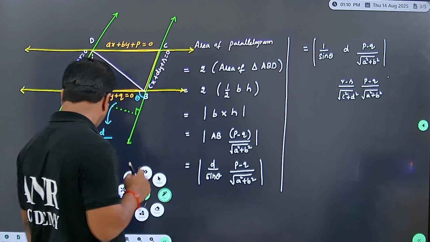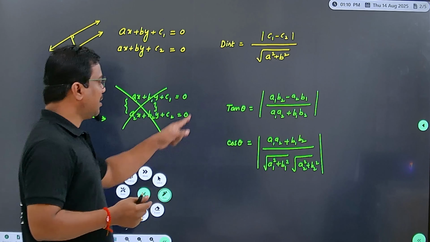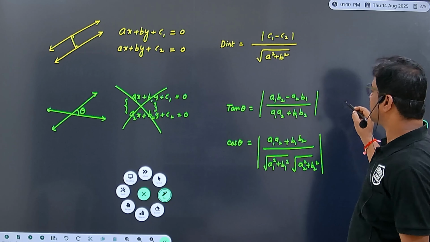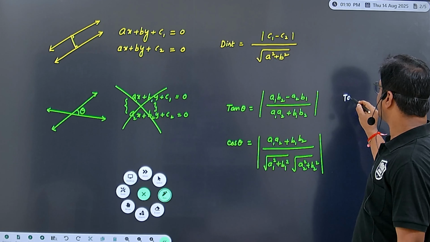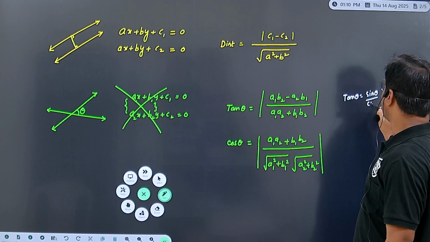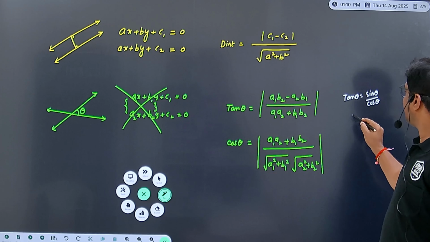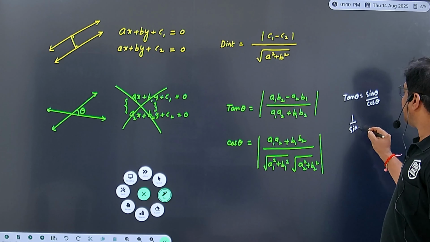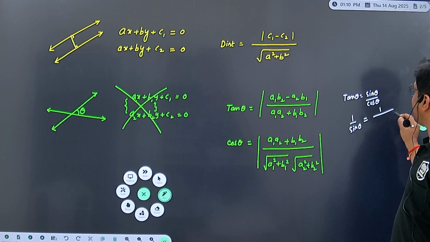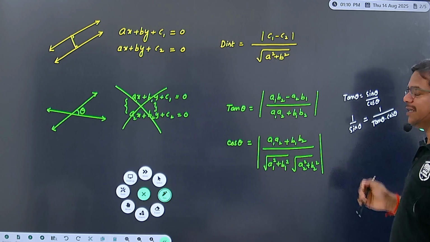Next, 1 by sine theta we have. See here, if I write tan theta equal to sine theta divided by cos theta, then I can write sine theta as tan theta into cos theta.